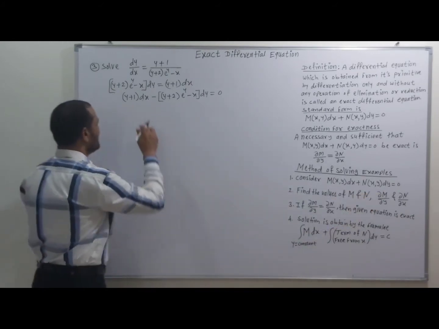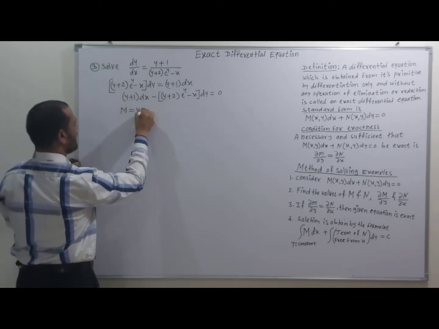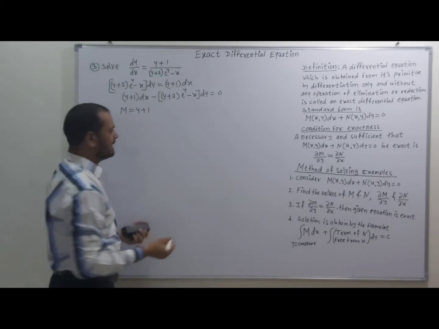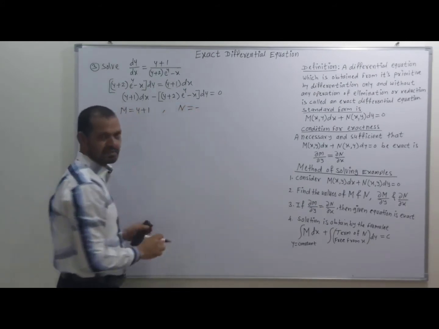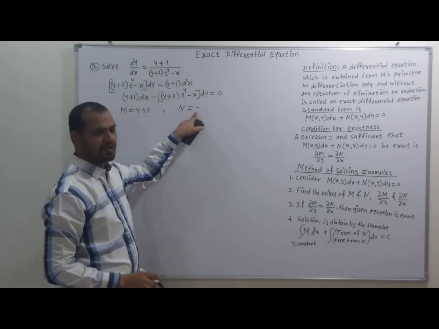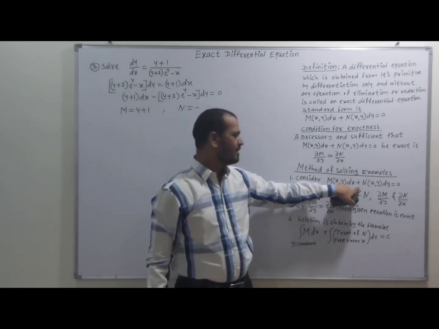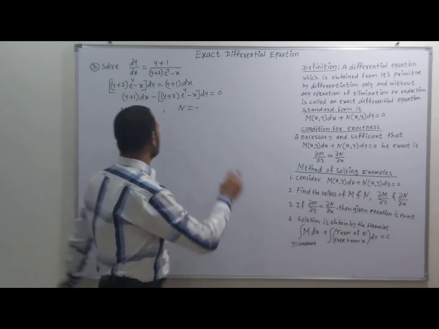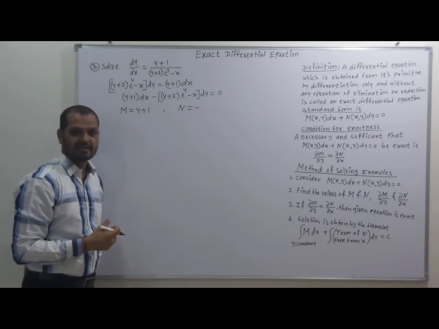Here M means the coefficient of dx. So the value of M is y + 1, and the value of N is minus. We take this minus sign here because for the standard form of an exact equation the middle sign is plus, but here we are getting a minus sign, so we take the sign for N as minus.